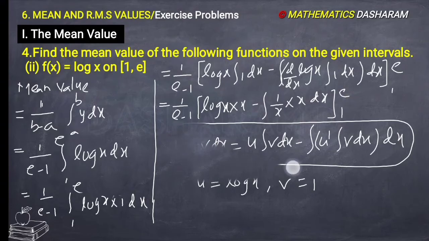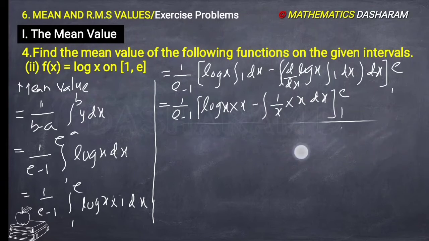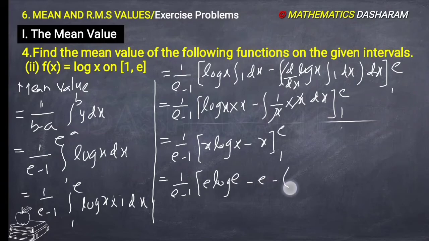So it equals 1 by e minus 1, log x into x is x into log x, minus here x cancels, integration of 1 dx is x, 1 to e. Now substitute the upper limit: e into log e minus e, minus 1 into log 1 minus 1.